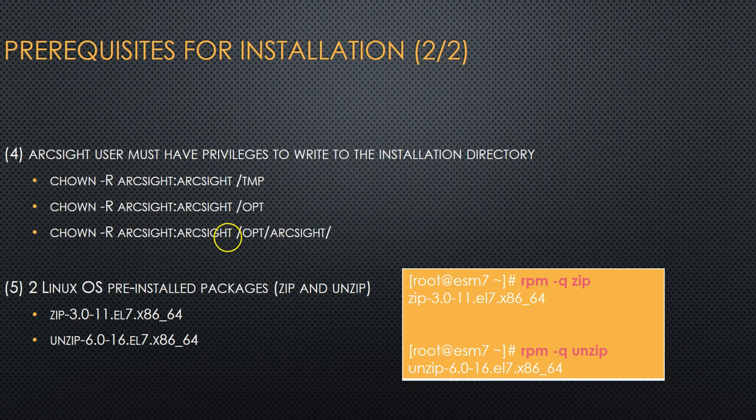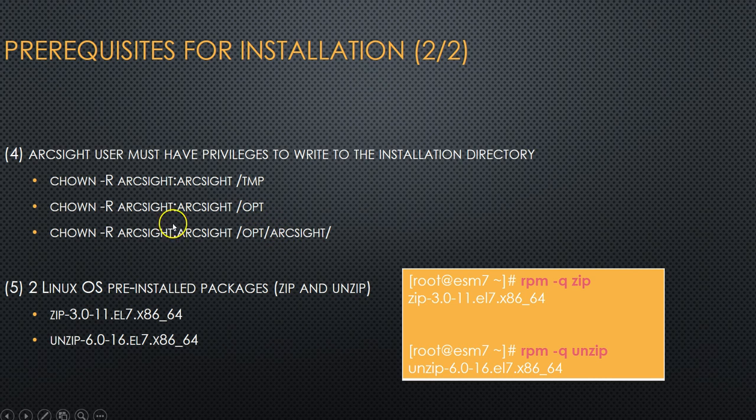The next prerequisite: we need to make sure that the ArcSight user account, the non-root account that we created in step 1, is able to read and write in the installation directories. So we will have /opt/arcsight and /opt. These are the installation directories.